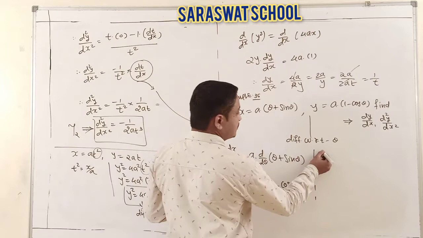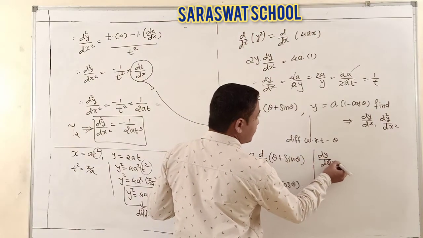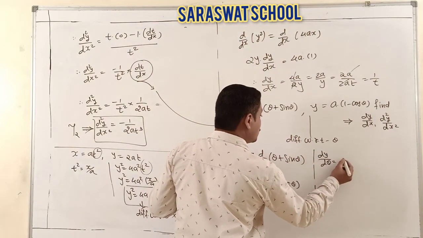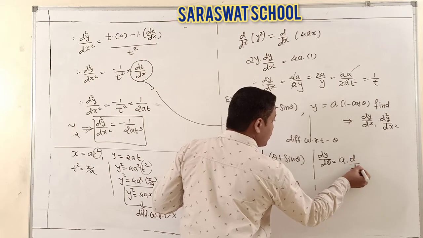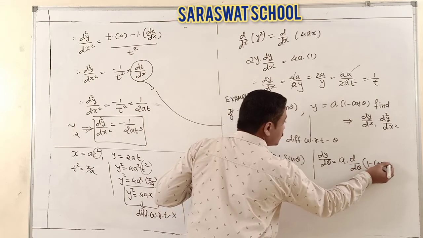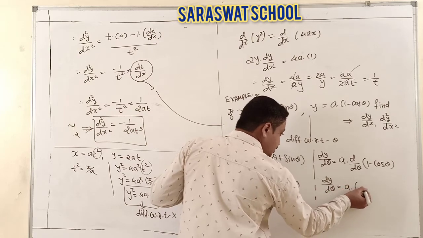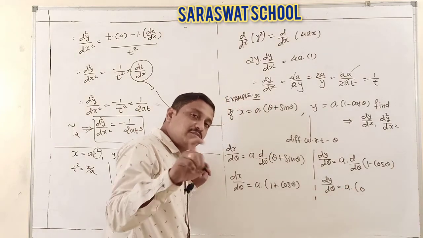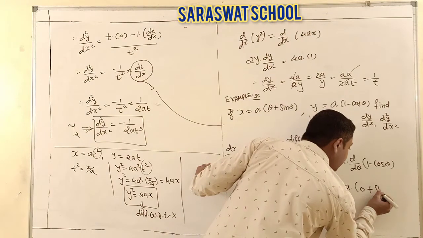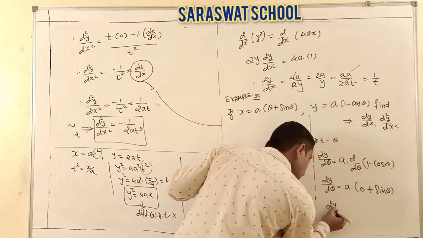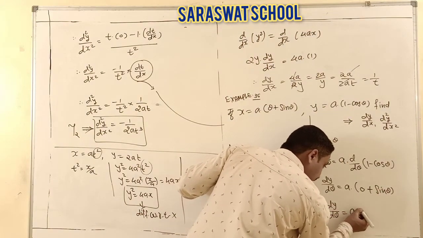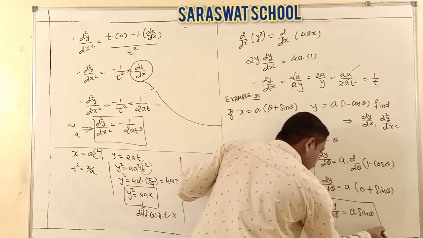Same as dy by d theta. a outside because it is a constant. d by d theta of 1 minus cos theta. So what are you getting? Here 0. The derivative of cos is minus sin. So here, minus minus gives plus, so dy by d theta is a sin theta.